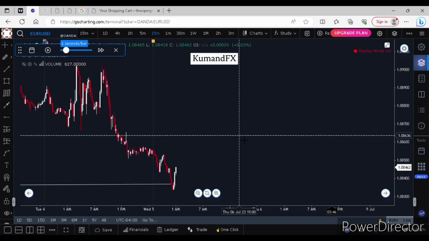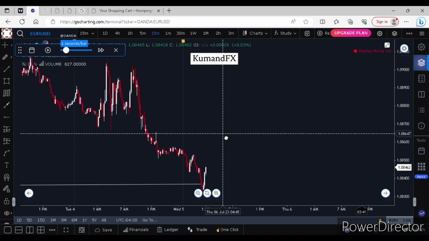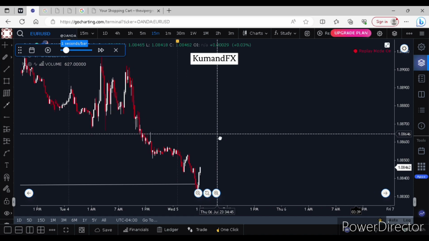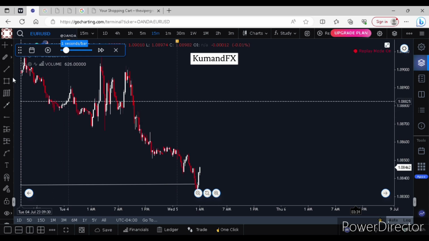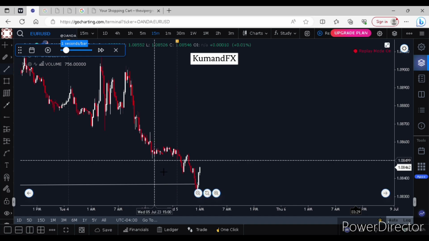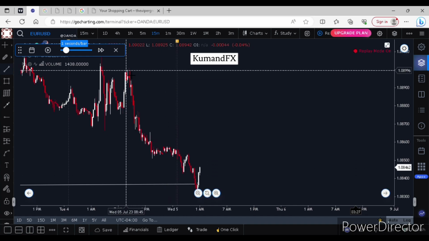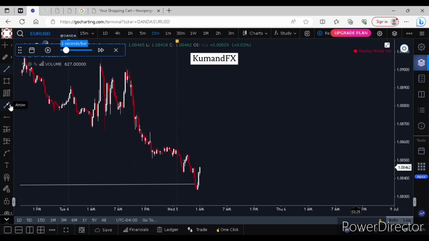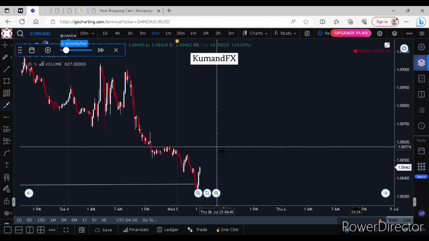All right, now we have played price back, so we'll be analyzing the character of price from here. We can see the price is in a bearish order flow, a downtrend, like most of you call it.